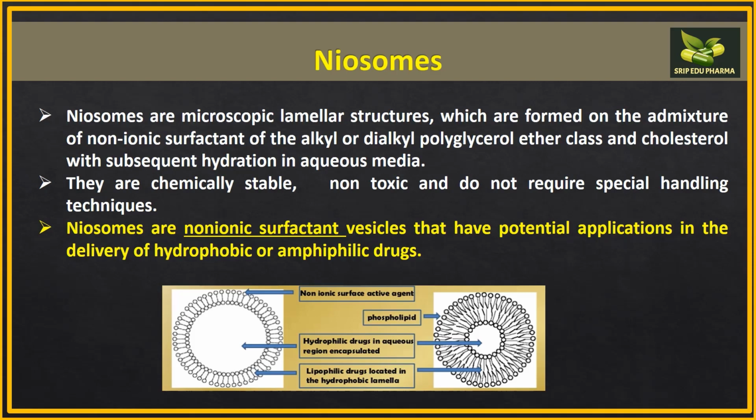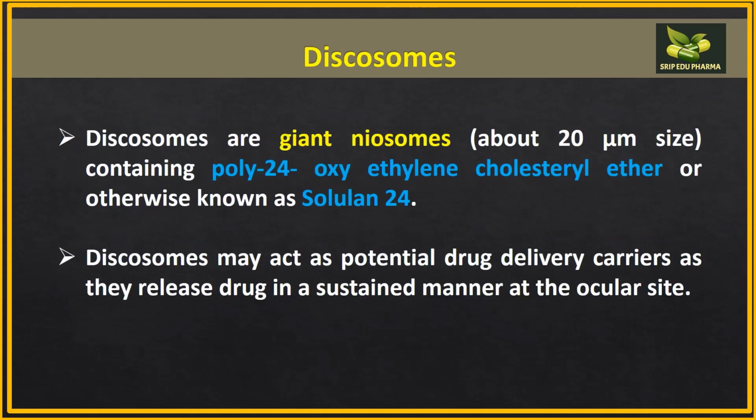Here is the proper definition of niosomes: niosomes are microscopic lamellar structures which are formed on the admixture of non-ionic surfactant of the alkyl or dialkyl polyglycerol ether class and cholesterol with subsequent hydration in aqueous media. In vesicular systems, the next vesicle is discosomes.